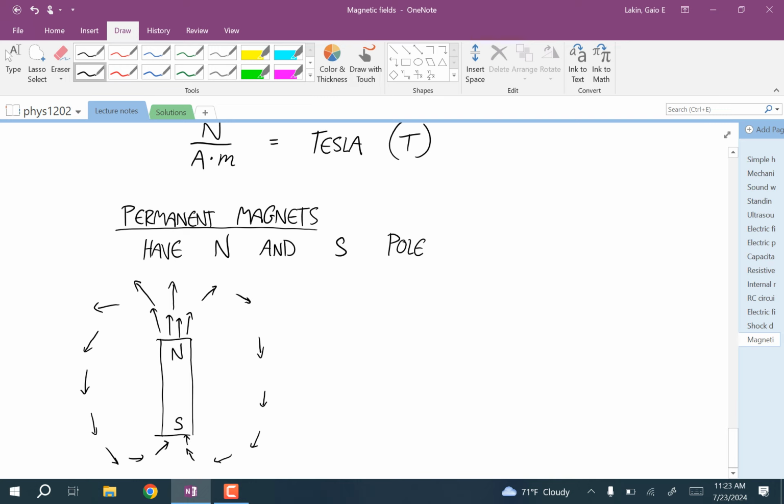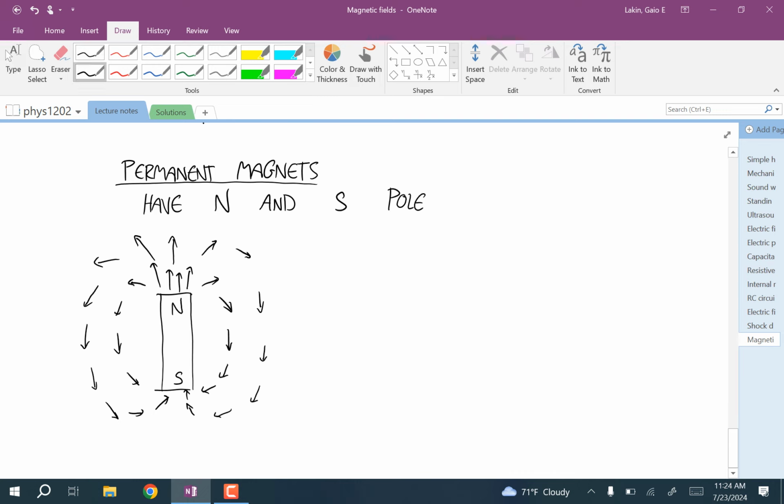Okay, so it would look something like this. And like I said, this is a field, so these vectors have to exist at every point around this magnet. But I would be drawing all day if I filled them all in, but you could fill in some more. And at each one of these, that arrow is telling you the direction of the magnetic field vector.